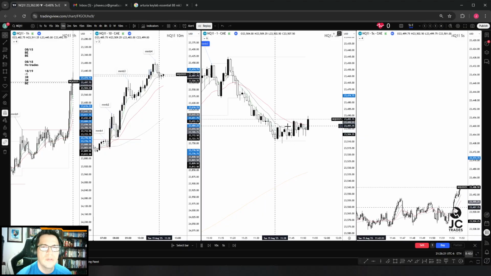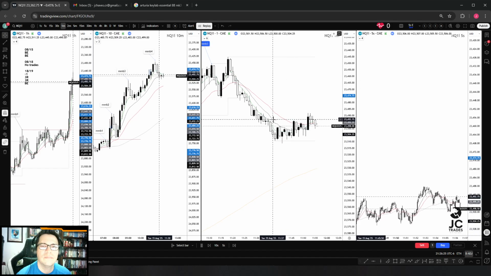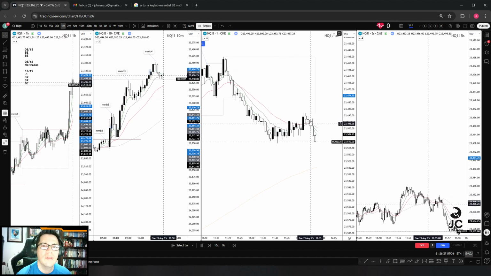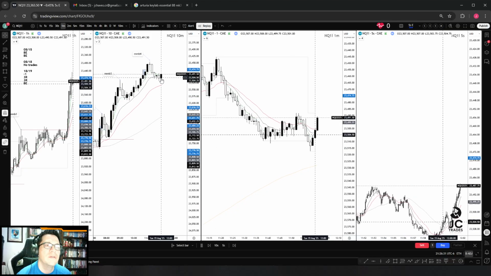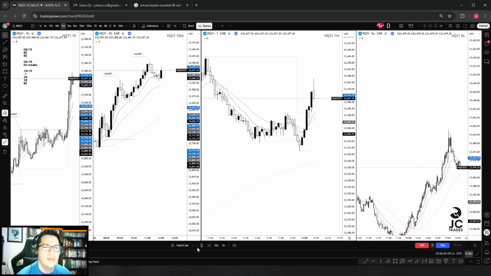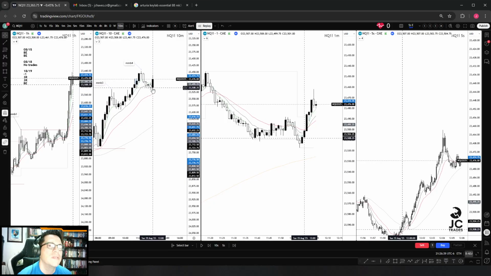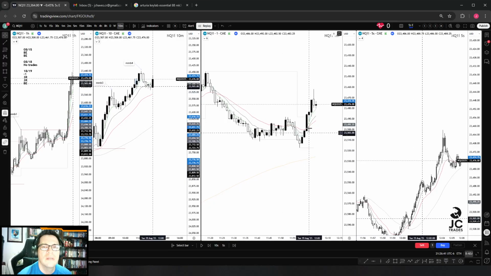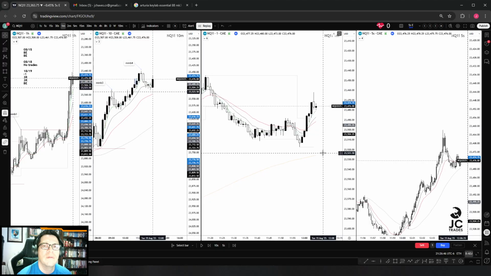So some consolidation around this area here. Continuing, price continuing here to the downside. And then we had a bounce out of this area on the context and a move above and away from the EMA.